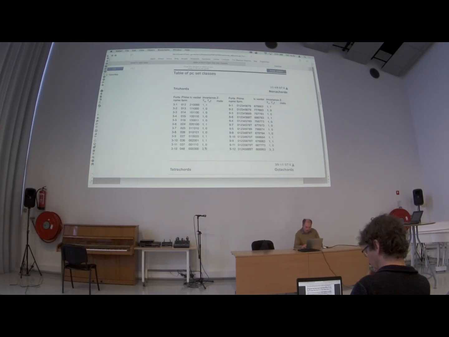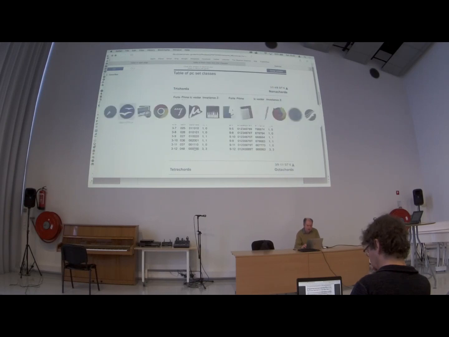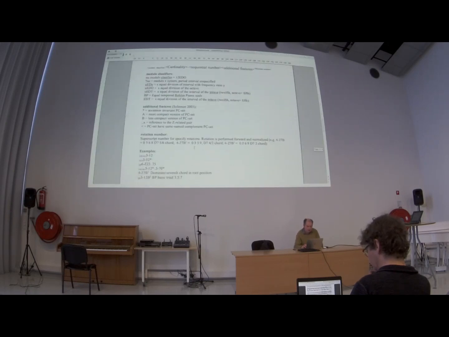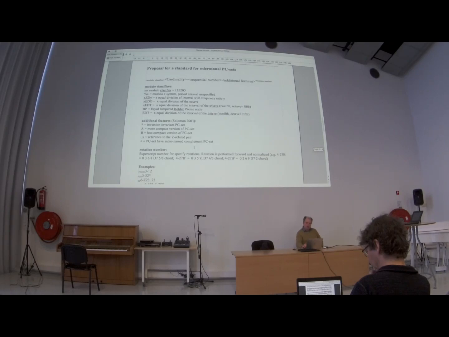of course. And for that, I have here my proposal how to extend the nomenclature of Forte. I put at the beginning the modulo classifier, what system we are in.